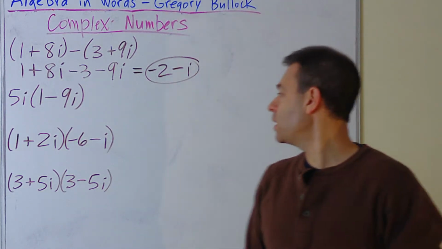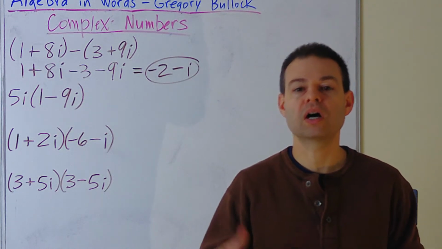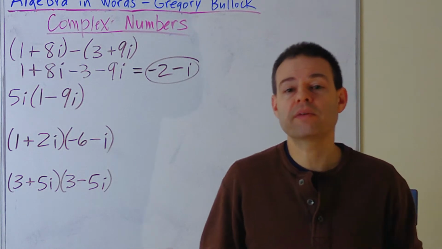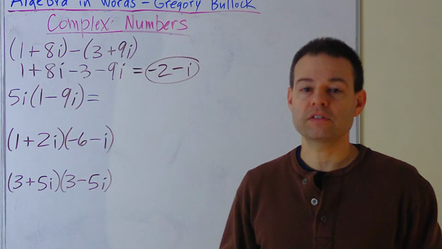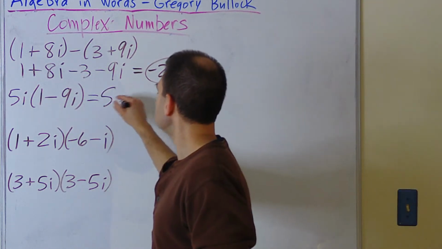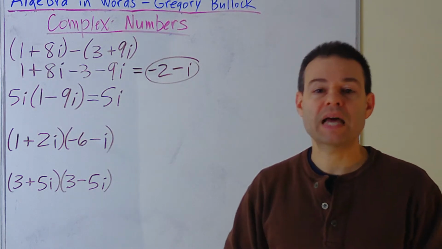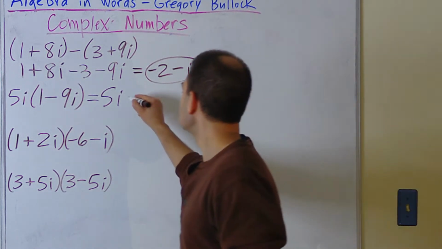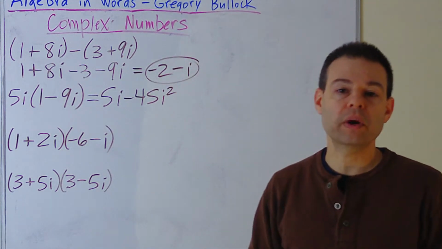The next one is distribution, multiplying an imaginary number through a complex number. So again, we're going to treat it just like a normal term with a variable. 5i times 1 is 5i. And 5i times negative 9i is going to become negative 45 i squared.